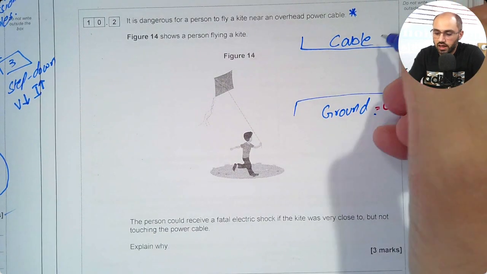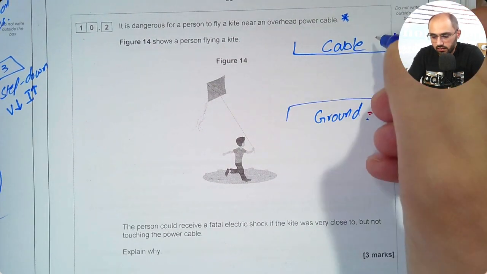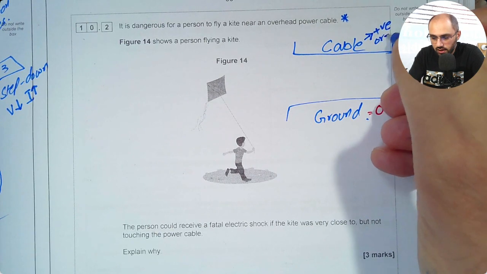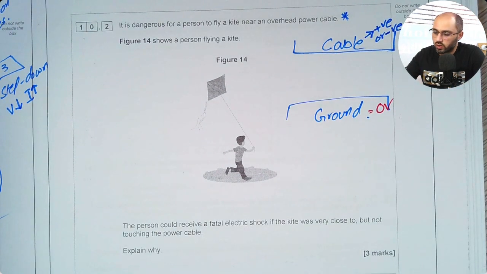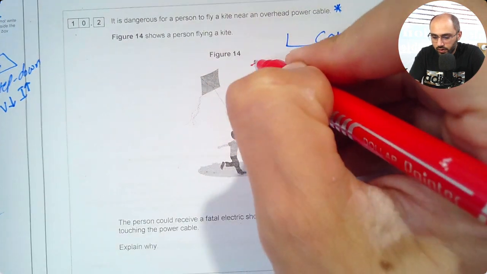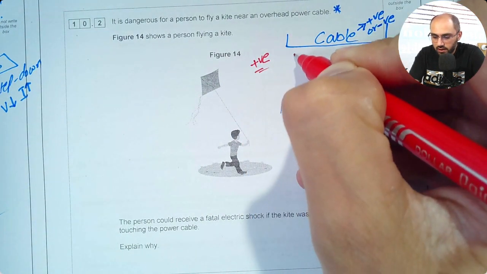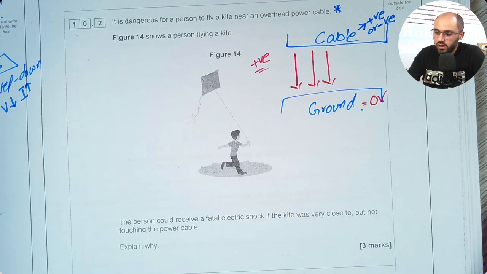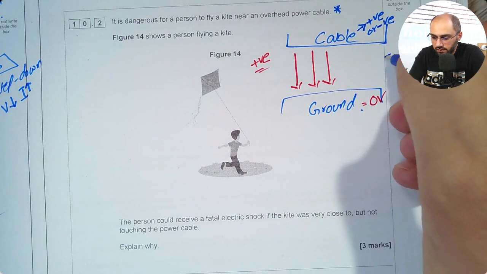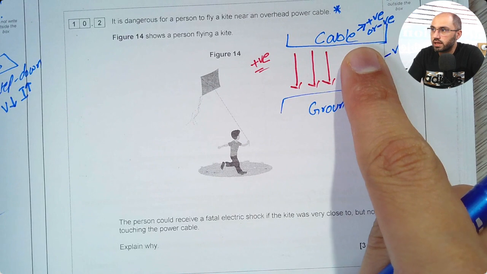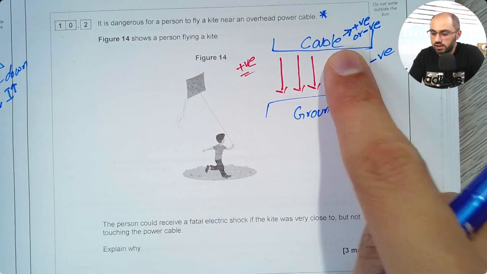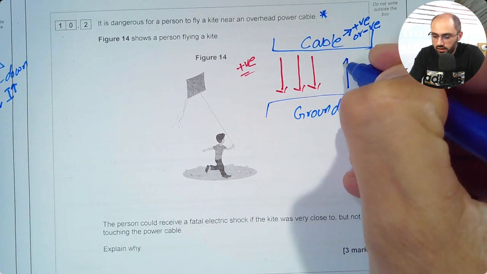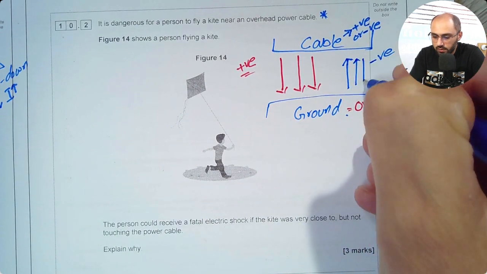This one could be at positive or negative value. If it is positive, then the field lines will be downwards. If the voltage of the cable is negative, and ground is always at 0, in that case your field lines will be going upward.